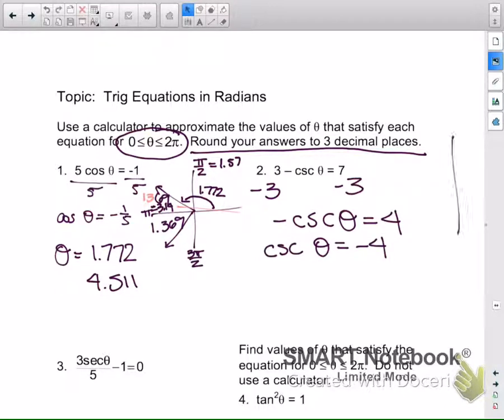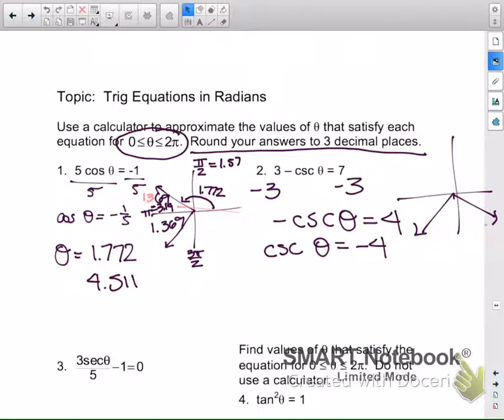Now, what does cosecant go with? Sine. So our question is, where is sine negative? What quadrants? Yep, 3rd and 4th. Okay, so the first thing I'm going to do is type into my calculator the inverse cosecant of negative 4.